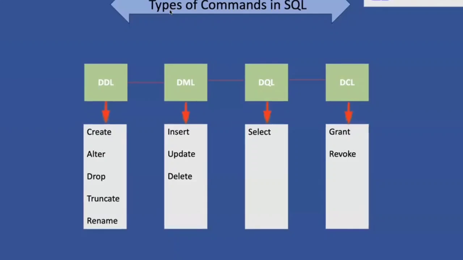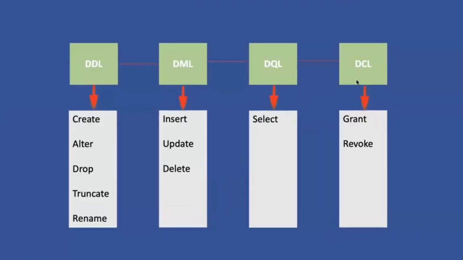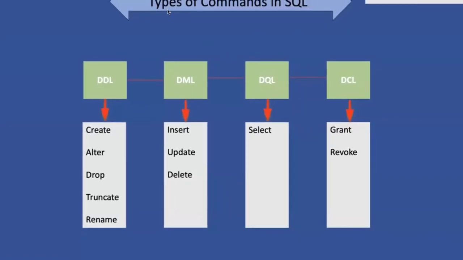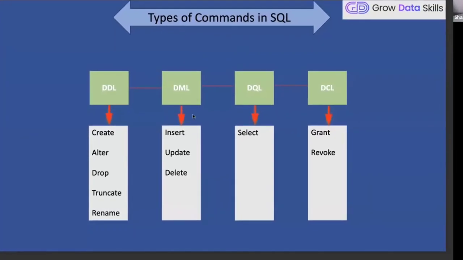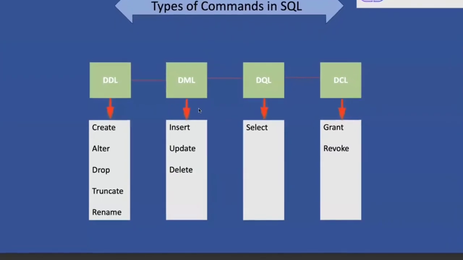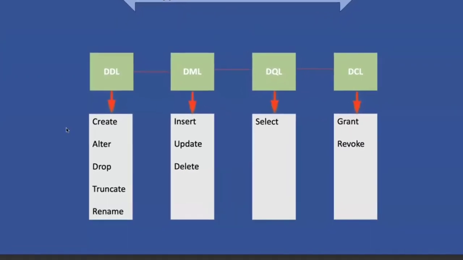Similarly, if earlier we gave some permissions and I want to revoke them, then I can use the revoke command. This also falls under DCL, and you can take those permissions out.